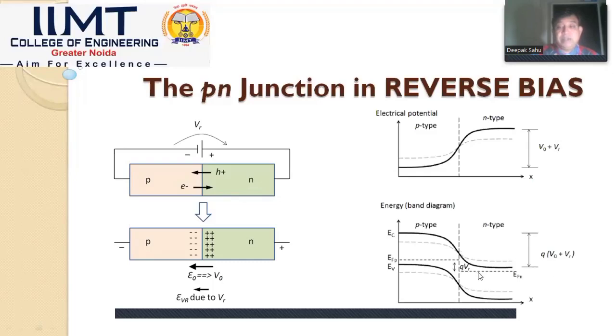Reason is clearly shown here. The EC region from inside has moved more downwards, which creates this wall high, which is shown in the form of Q into V naught plus VR. So electrons and holes face a larger energy level, which blocks their movement from their high concentration to low concentration regions.